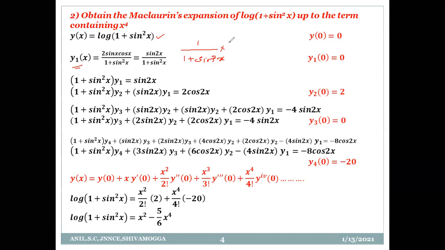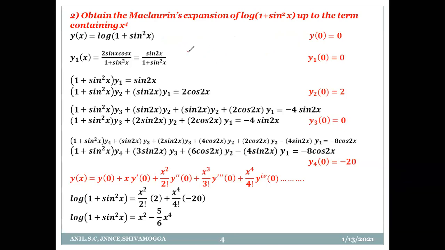And the derivative of sin square x is 2 sin x into the derivative of sin x, which is cos x. And how do you write 2 sin x into cos x? 2 sin x into cos x is sin 2x, divided by 1 plus sin square x.